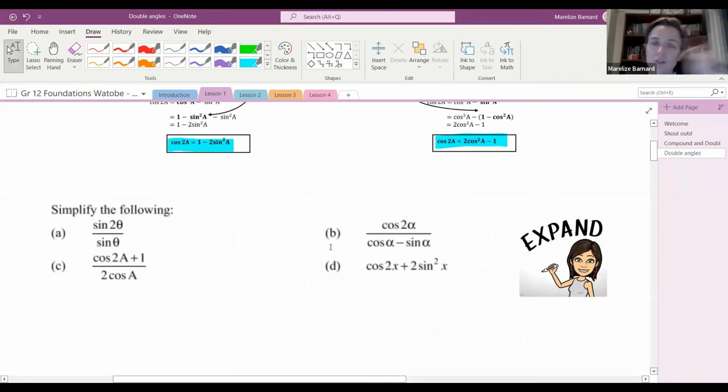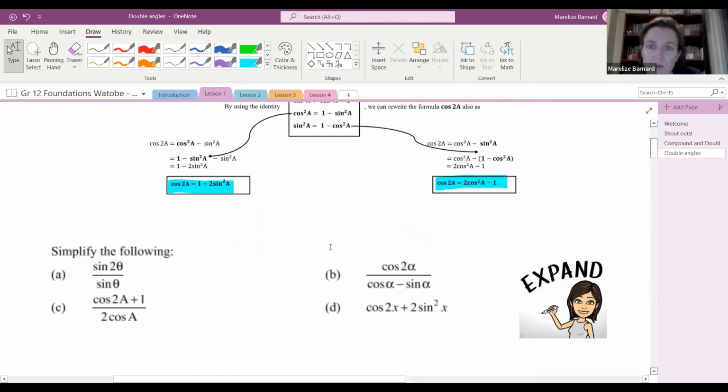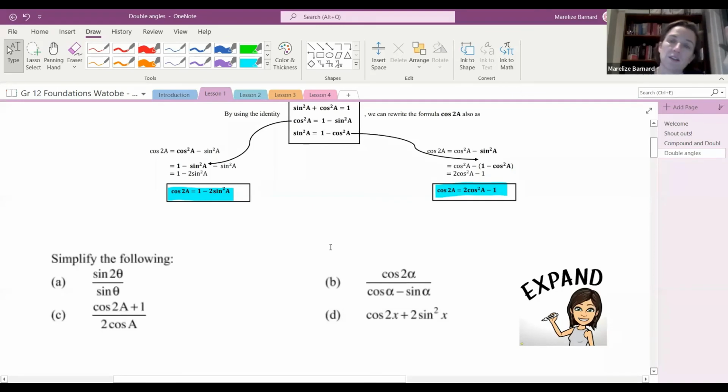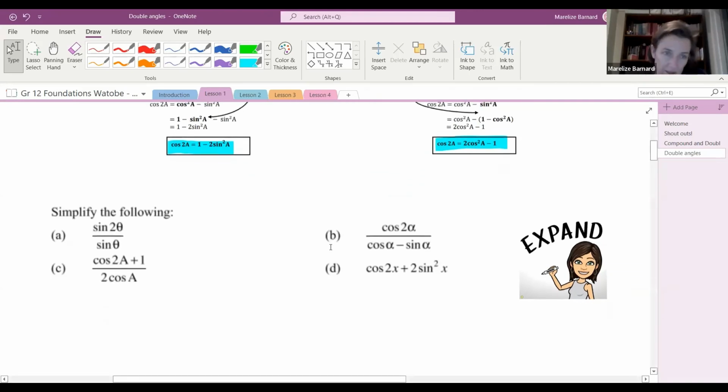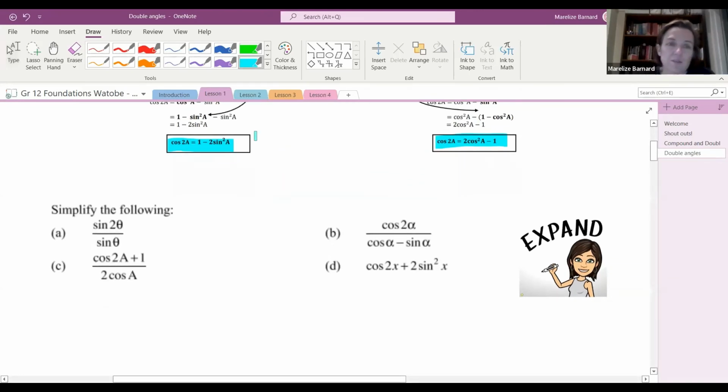So just like with the compound angles, we can use the double angle identities to expand. And then we can use the double angle identities also to contract. Okay. So let's have a look at this first one. Simplify. We've got sine of 2 theta.